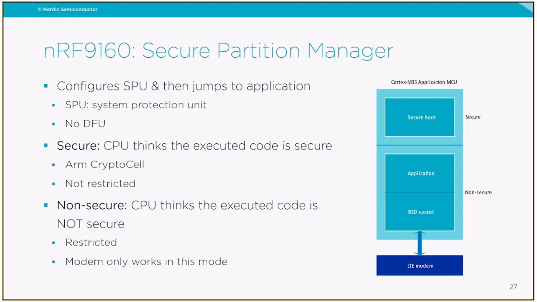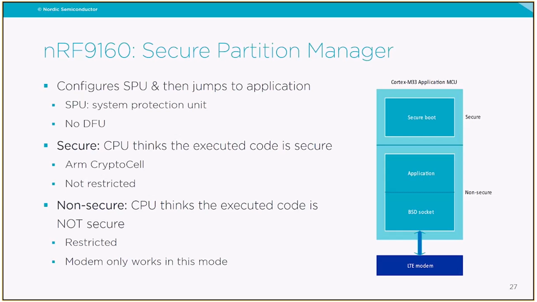There's no DFU. On the secure side, the CPU thinks that the executed code is secure, so there's no restrictions there. You can use the ARM CryptoCell, for example, which is essentially a hardware accelerator for security applications, for cryptography on resource-constrained devices, on low-power devices such as the nRF91.